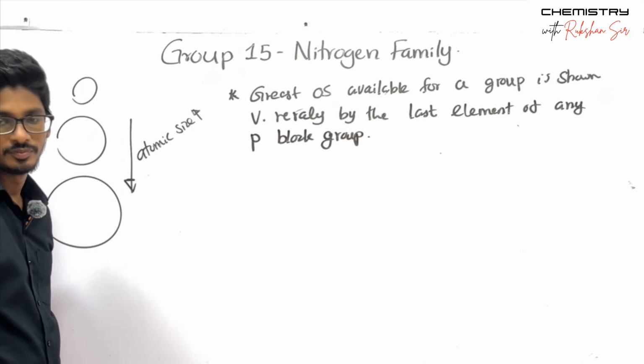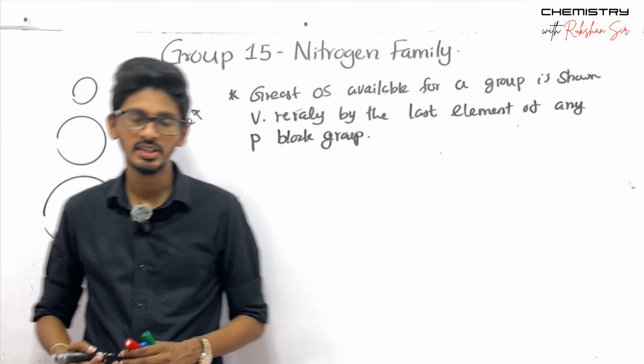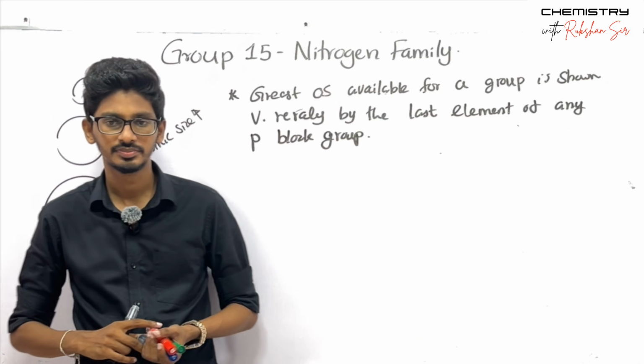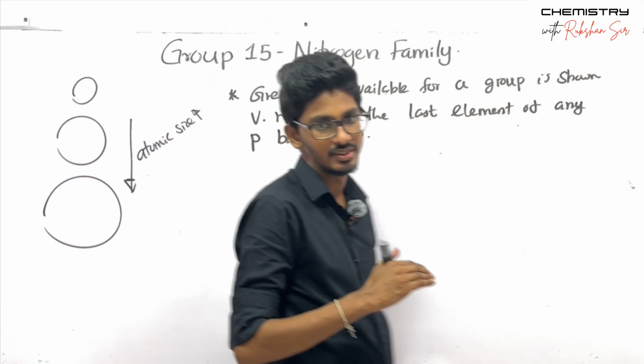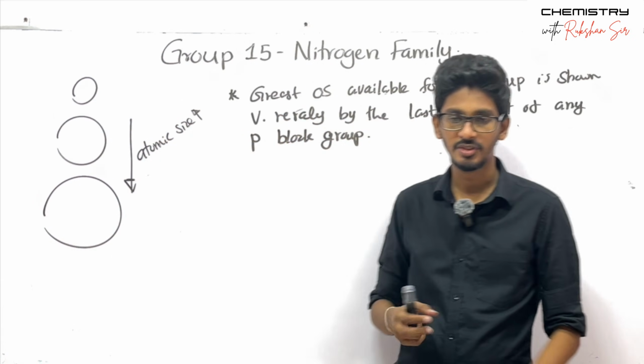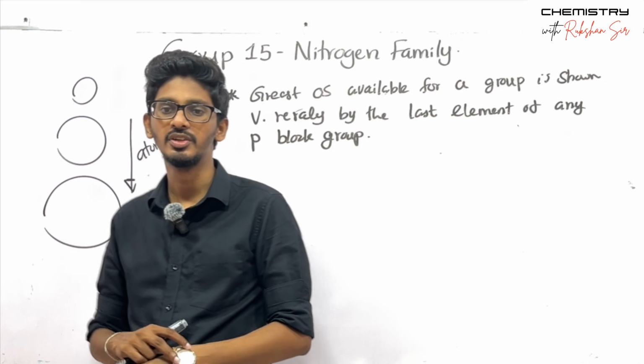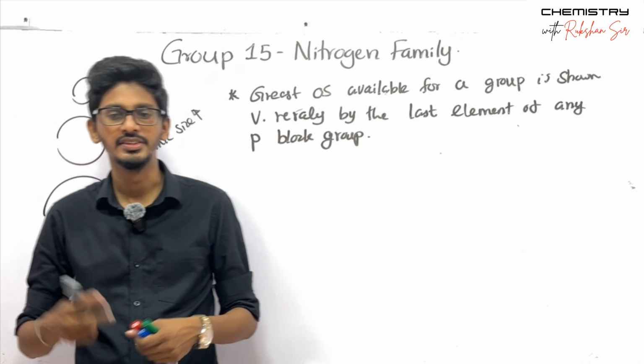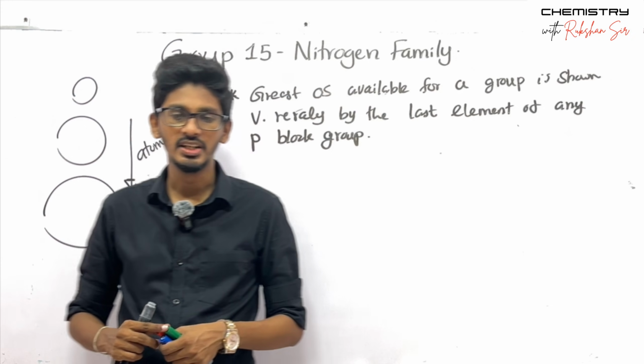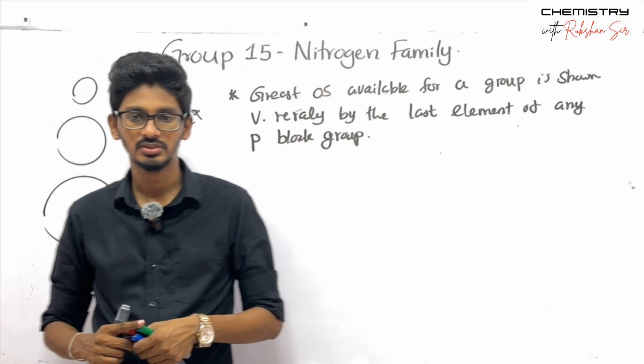According to this, thallium, the last element of group 13, actually never shows the +3 oxidation state. That is the greatest oxidation state available for group 13. It is not shown in any situation by thallium, the last element.